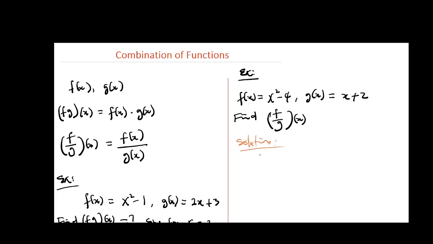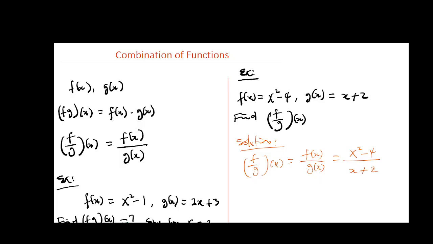We know that our f over g of x is equal to f of x all over g of x, which will be equal to x squared minus 4 all over x plus 2.